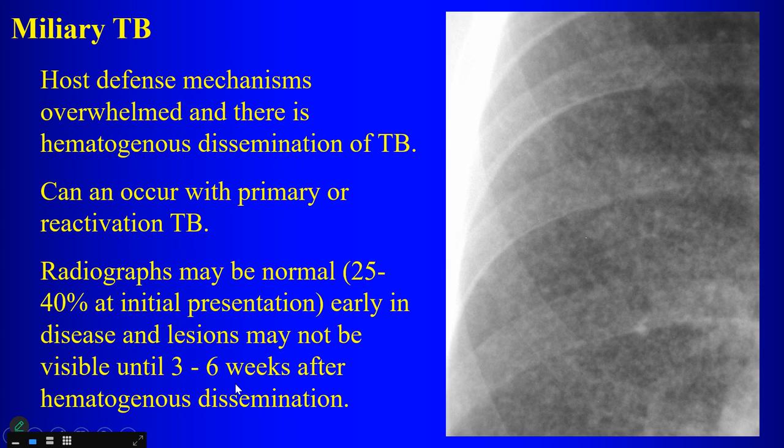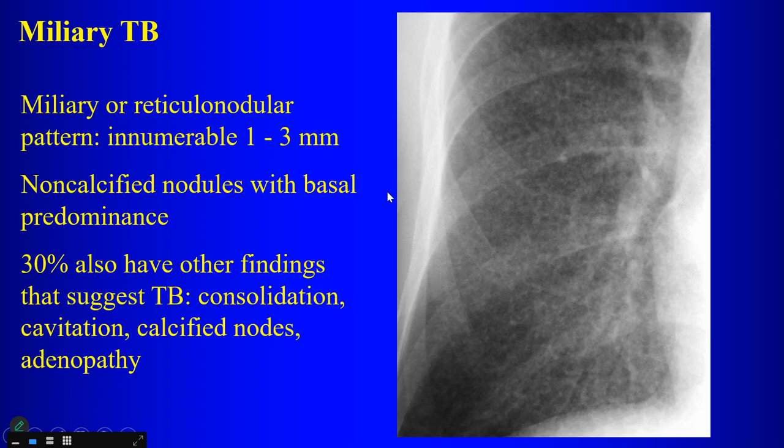So I used to think that, in patients who had miliary disease, that they would be terribly sick. That's not the case. You can have an outpatient who gets a chest X-ray for malaise or whatever, and you find these tiny nodules. Don't forget about miliary tuberculosis. Okay, so it can do that.